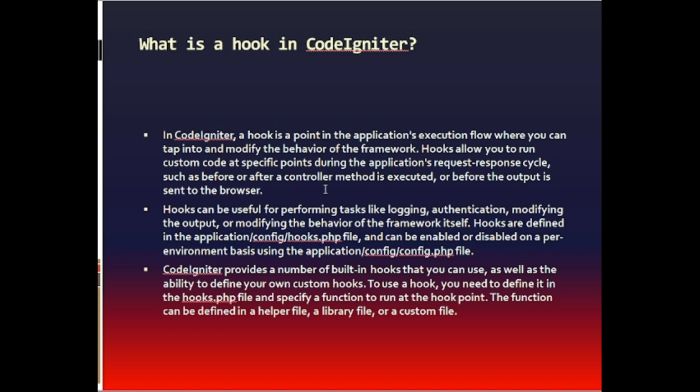Hooks can be useful for performing tasks like logging, authentication, modifying the output, or modifying the behavior of the framework itself. Hooks are defined in the application config hooks.php file, and you can enable or disable them on an environment basis using the application config.php file.